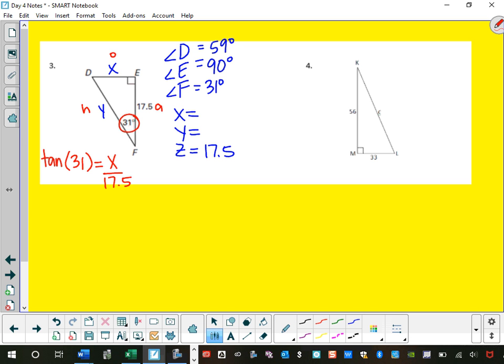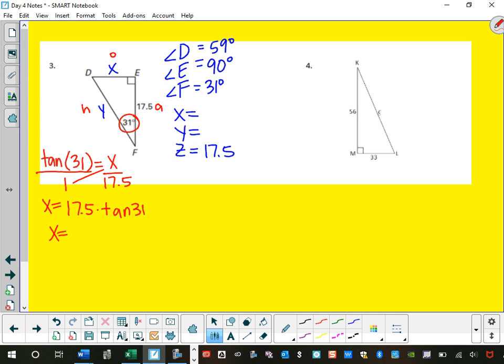We solved these on day 1. How do I do this for day 2? Divide by 1. Make it into a proportion. Good. 1 times X is just X. Then I have 17.5 times tan of 31. What do you get for that side? 17.5 times tan 31.